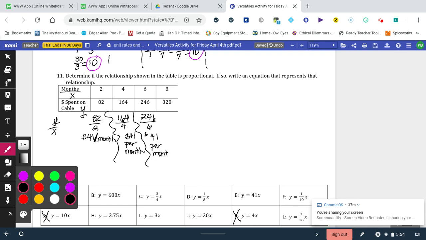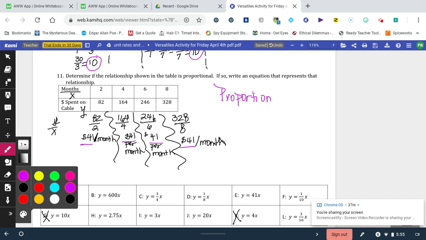And you have one more to check. You paid $328 for a total of 8 months. That's also $41 per month. So because you keep getting 41, 41, 41, 41, it is proportional.